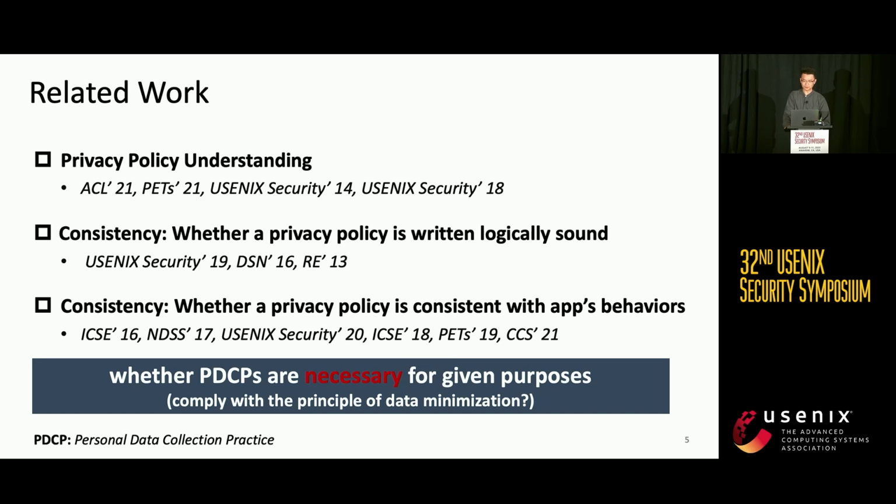However, no prior work answers whether the PDCPs collected in a privacy policy are necessary for the given purposes. In other words, whether they comply with the principle of data minimization.